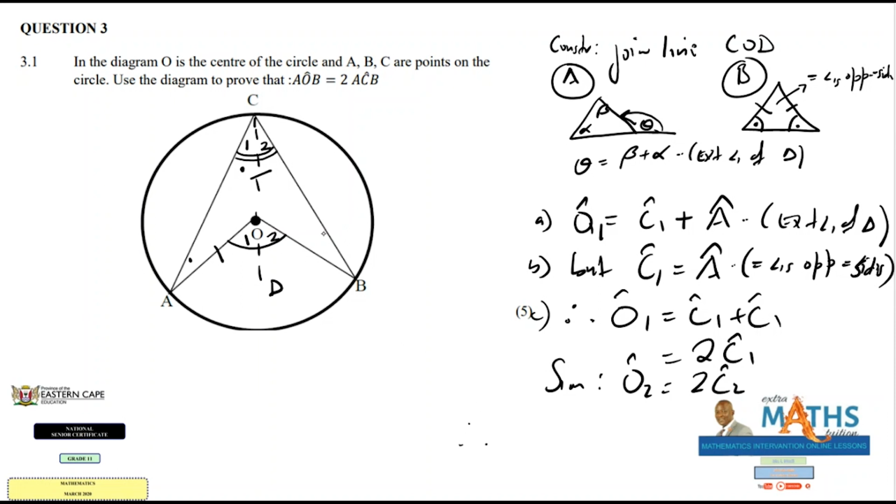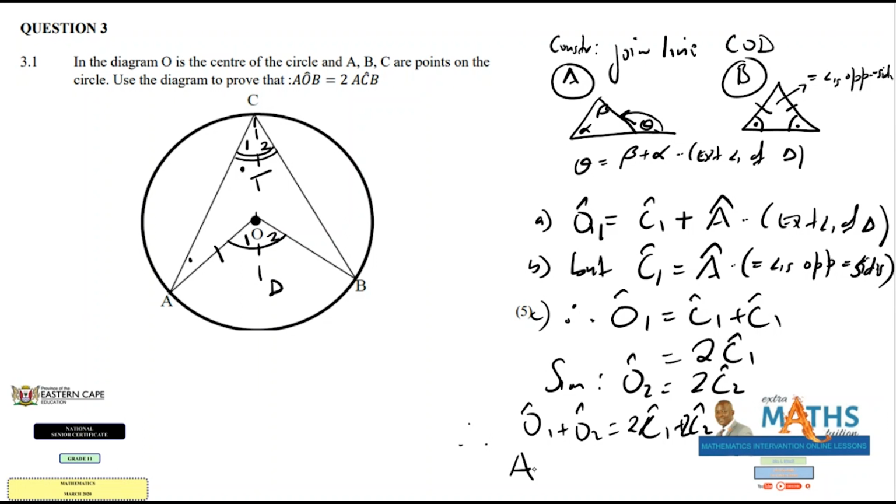Initially, I was talking about the angle O as a whole. Let me add O1 and O2 so that I can get back my angle O. Angle O1 plus angle O2 is equal to 2 angle C1 plus 2 angle C2. What is O1 plus O2?